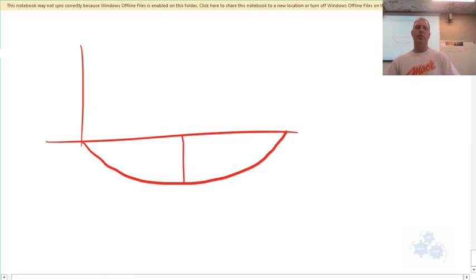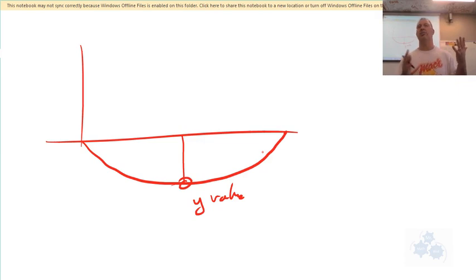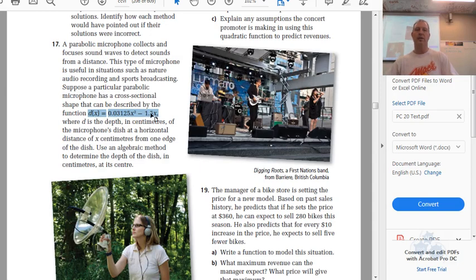So what they're asking you for is the maximum depth. They're just asking you for the y value of the vertex. So you can complete the square, or you can do negative b over 2a, plug that value in, get y. That's kind of it. Okay? So find the y value of the vertex for this function. Negative b over 2a will give you the x value of the vertex.